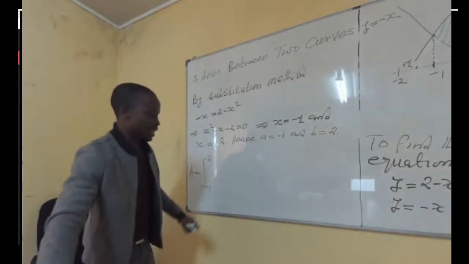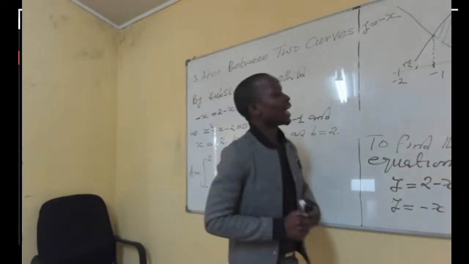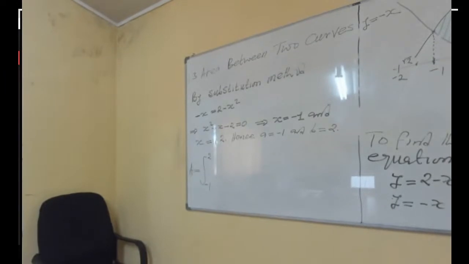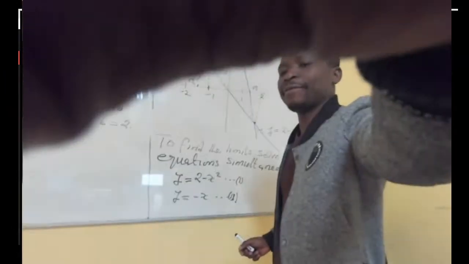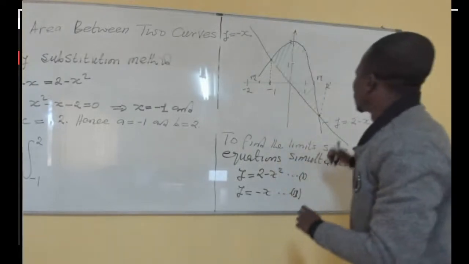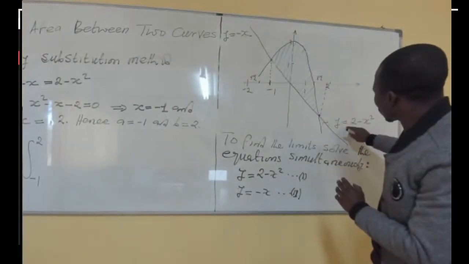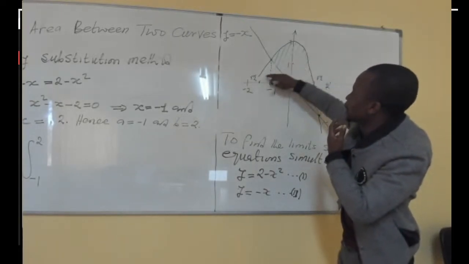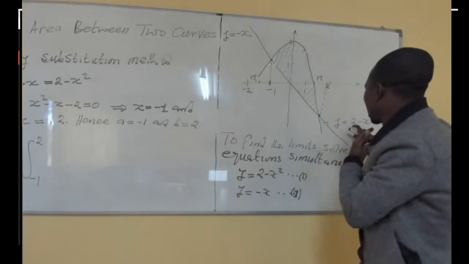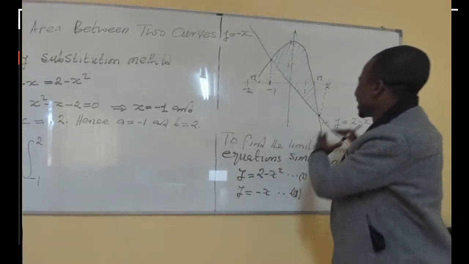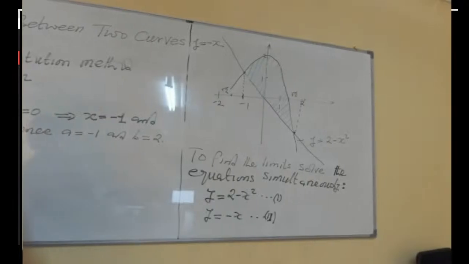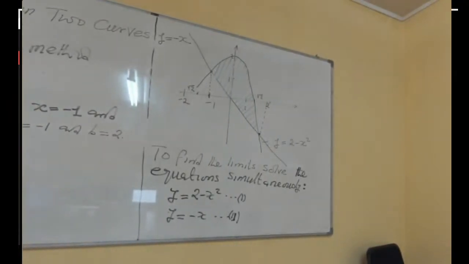Let's look at the first curve, y equal to 2 minus x squared. The shaded region lies below the curve y equal to 2 minus x squared. So the integral under this curve, we are going to take the positive integral of 2 minus x squared dx.